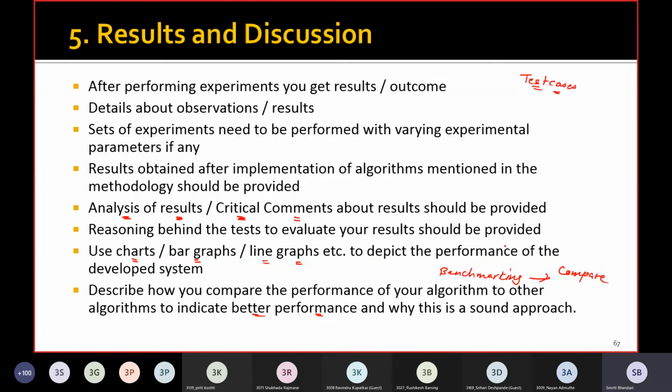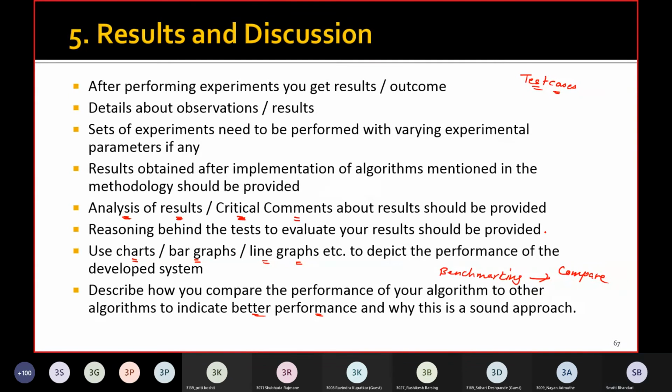You need to compare your results with the results reported by other researchers or other systems. Always have a comparison of performance, and try to show how your system is performing better than the earlier one.